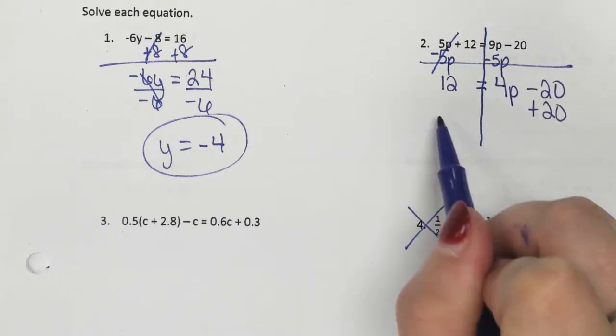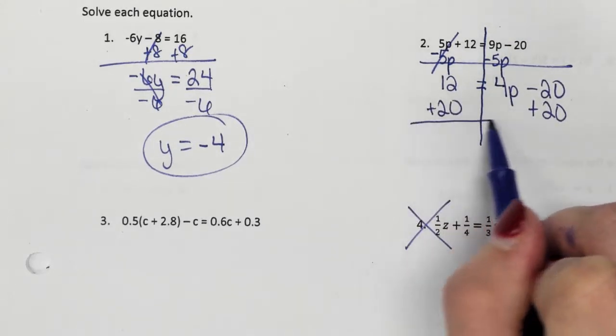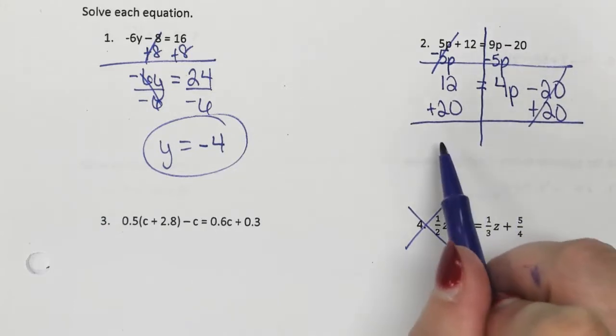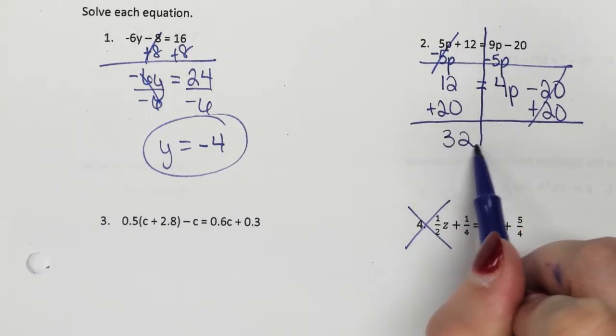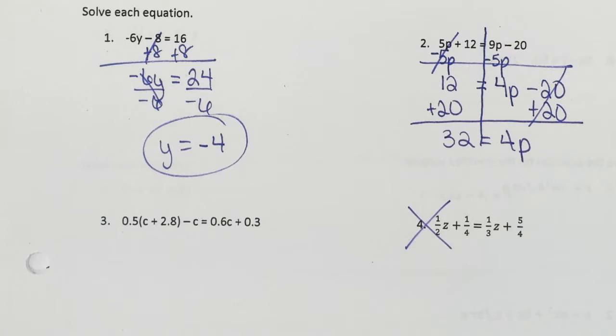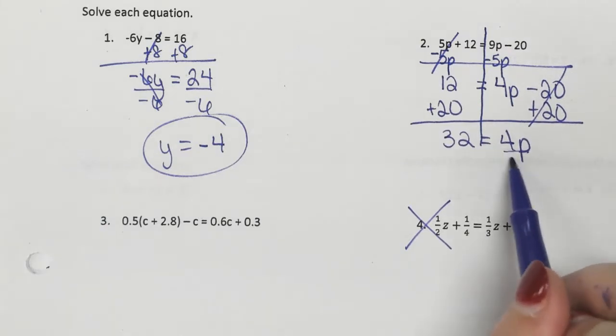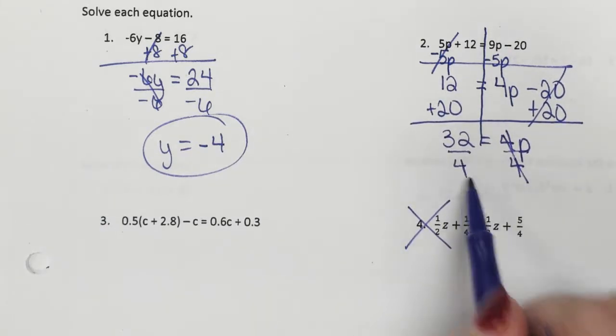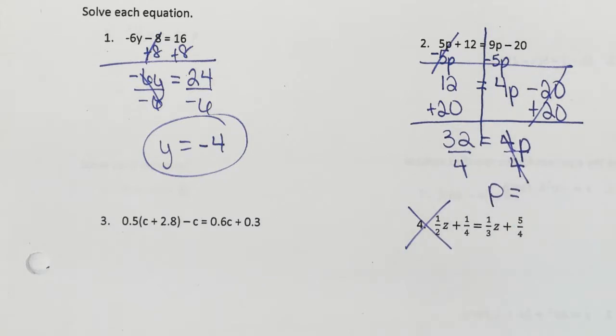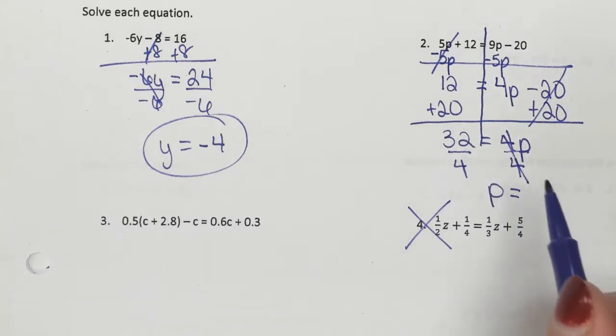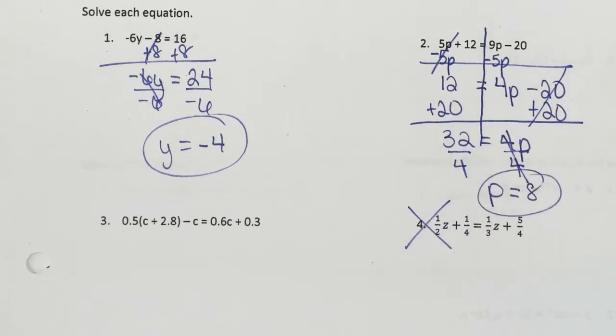There you go. So what's 12 plus 20? 32. One more step, go. Divided by 4. Do you have to show all of these steps like I'm showing? No, I'm just showing them for the people that need them. What's 32 divided by 4? 8. All right, here we go.